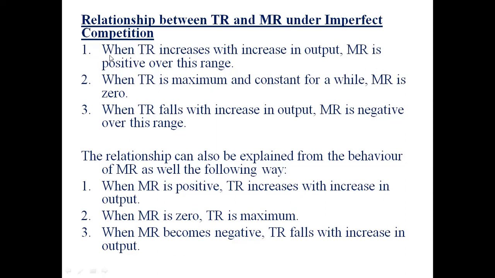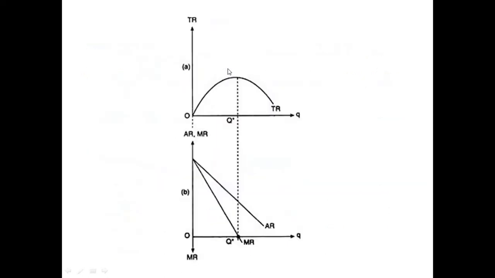When TR increases with increase in output, MR is positive over this range. So when TR is increasing with increase in output till this range, MR is positive. However, MR will fall down with number of goods that is sold, but MR will remain positive.